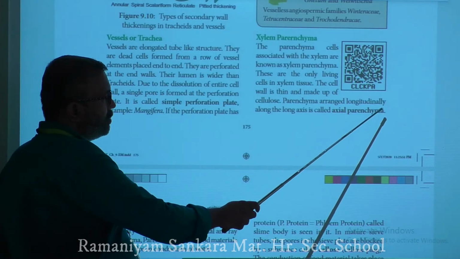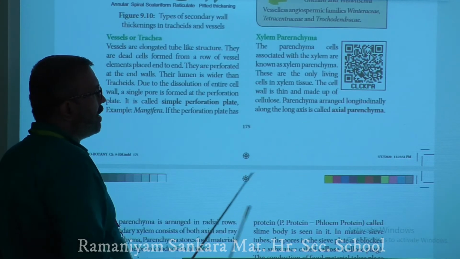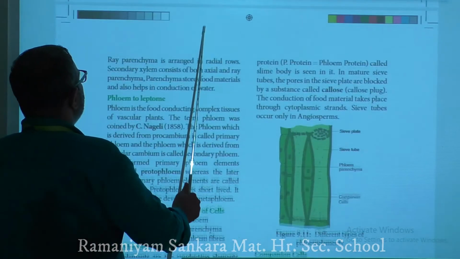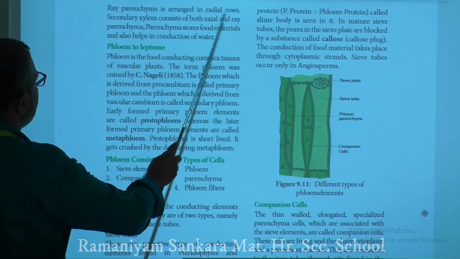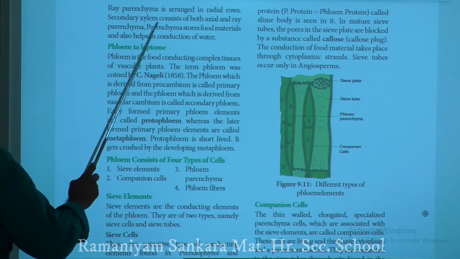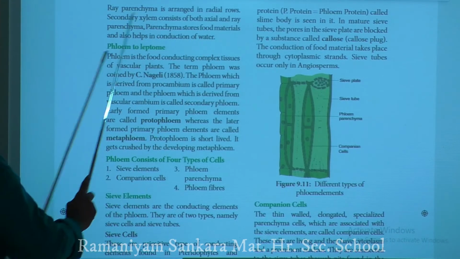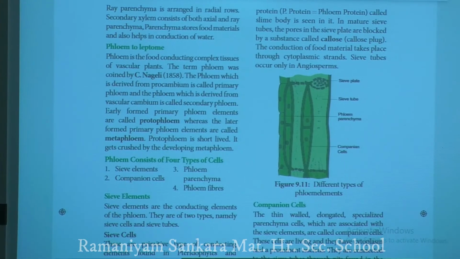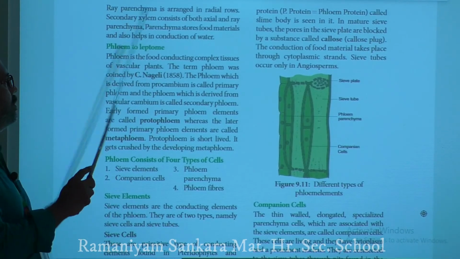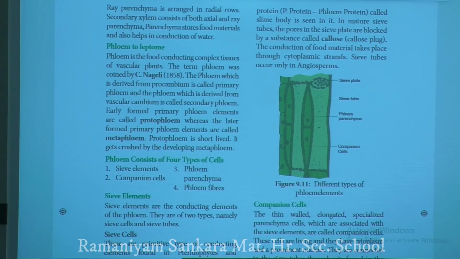Parenchyma arranged longitudinally along the long axis is called axial parenchyma. Ray parenchyma is arranged in radial rows. Secondary xylem consists of both axial and ray parenchyma. Parenchyma stores food materials and also helps in the conduction of water.